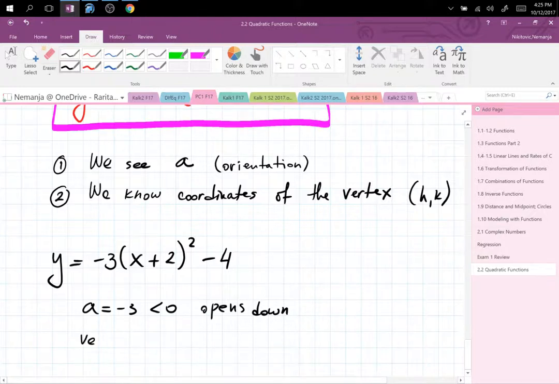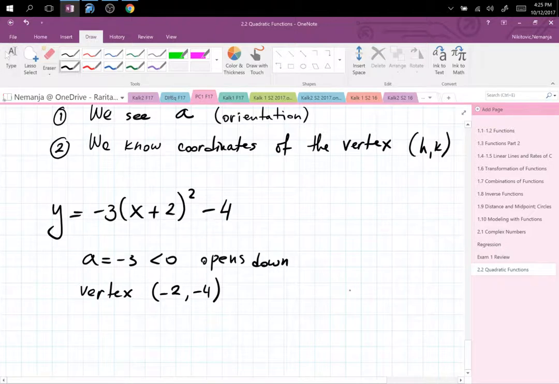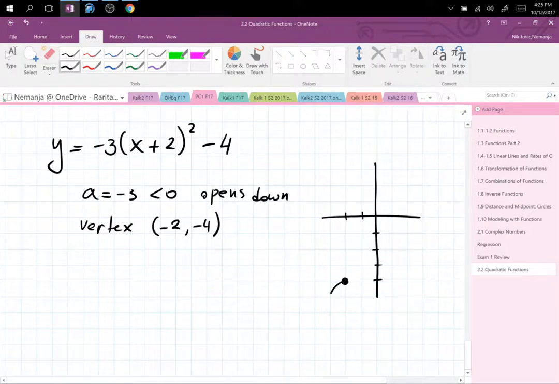And also, you have the vertex at -2, -4. To graph this, -1, -2, 1, 2, 3, 4, open down.